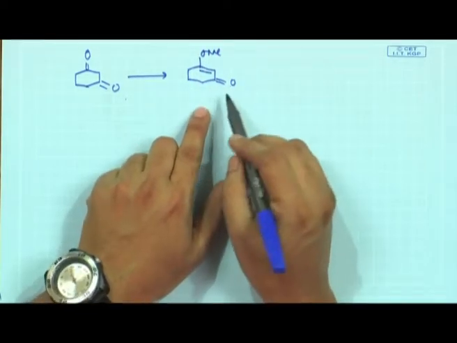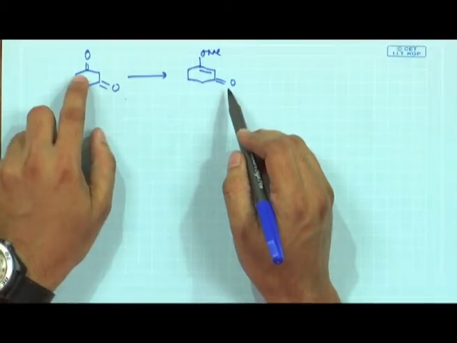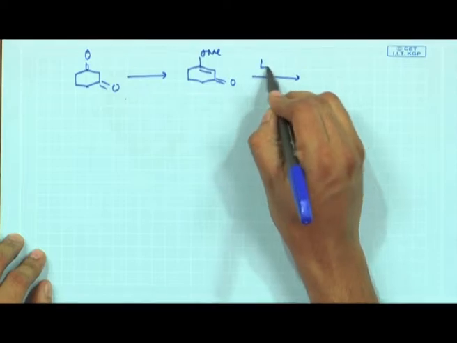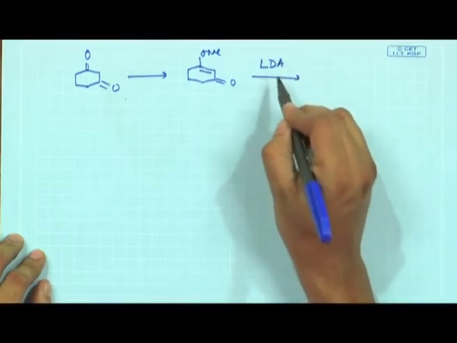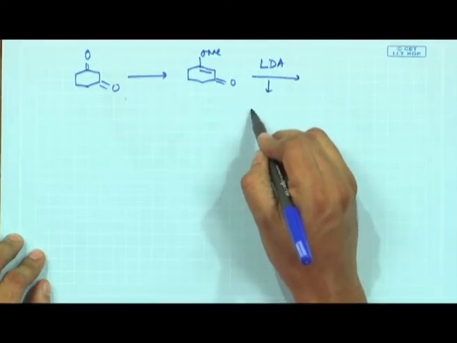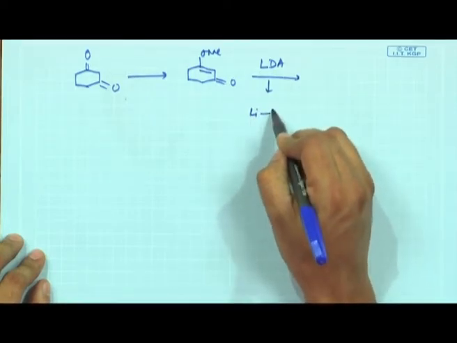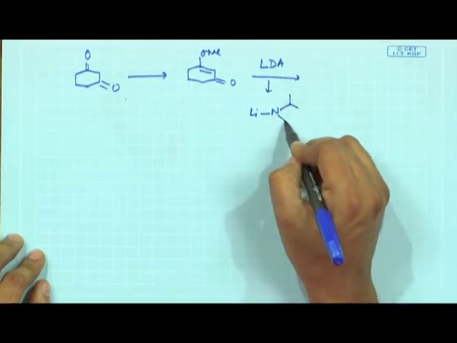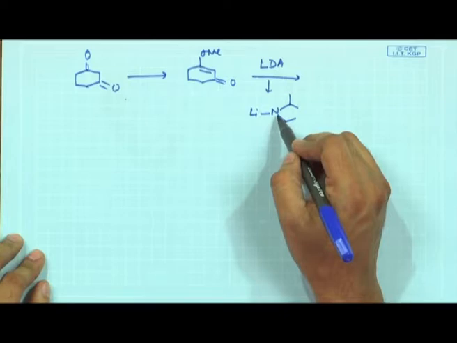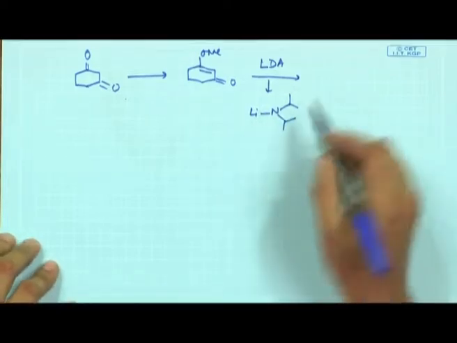Next we said, out of these 2 carbonyls you have selectively protected one. So, now you put a base, LDA. Now, what is LDA? Do you know the structure of LDA? LDA is lithium diisopropylamide, this structure with the diisopropyl groups, lithium, and the amide.